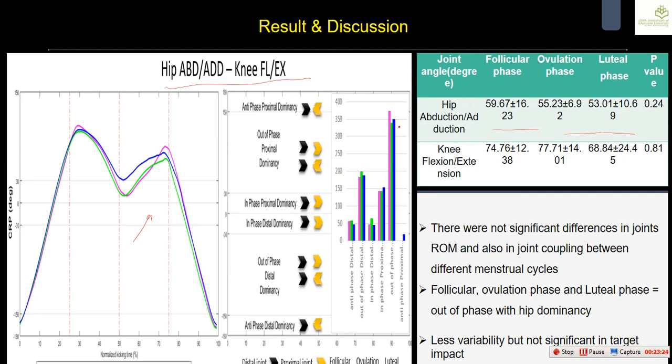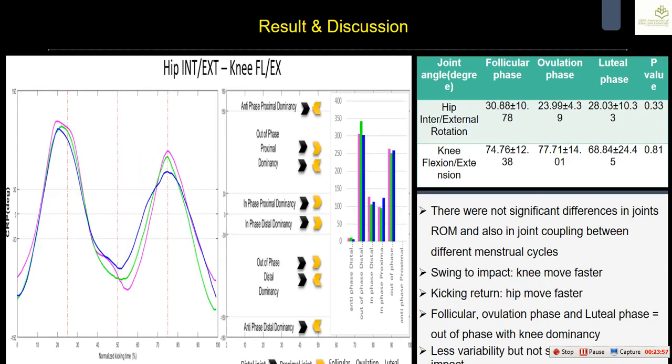However, during the follicular, ovulation, and luteal phases, most of the movement of hip abduction adduction and knee flexion extension was out of phase with hip dominancy. Moreover, we saw less variability, but not significant, at target impact of the roundhouse kick.